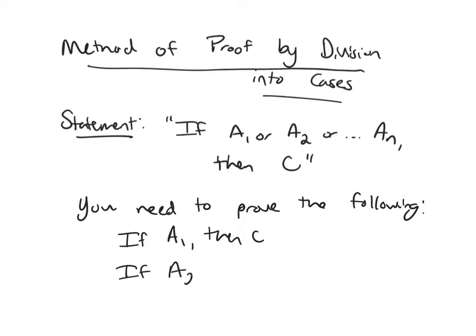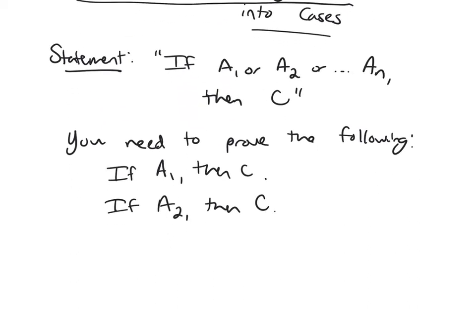If A2, then C, you need to prove that conditional statement. And so for each one of the A's, you're going to prove if AN, then C. So basically you break it down into a bunch of individual conditional statements.